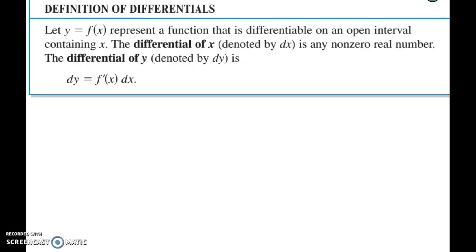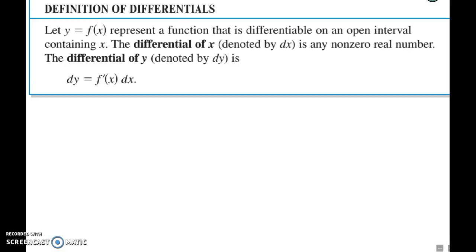Remember, differentiable means that it's continuous and we can take the derivative on that interval. The differential of x, denoted dx, that's some incremental change in x, is any non-zero real number. The differential of y, denoted by dy, is equal to the derivative of the function times dx.